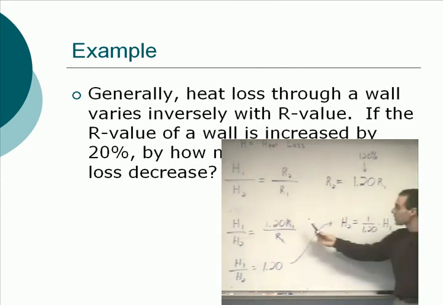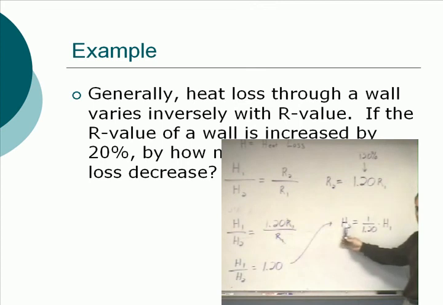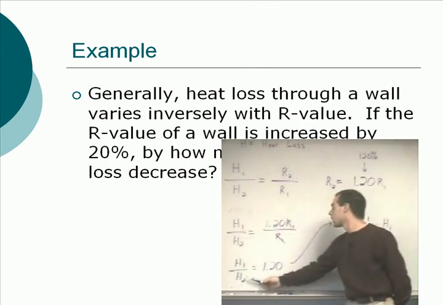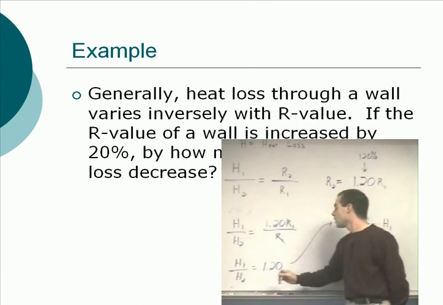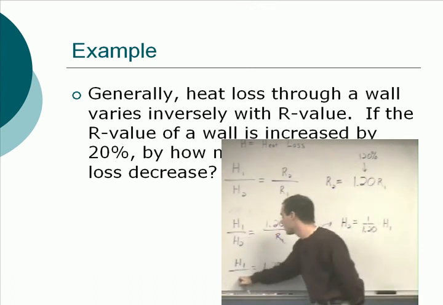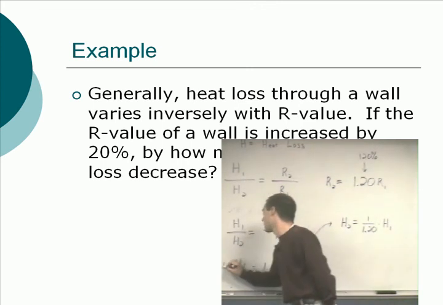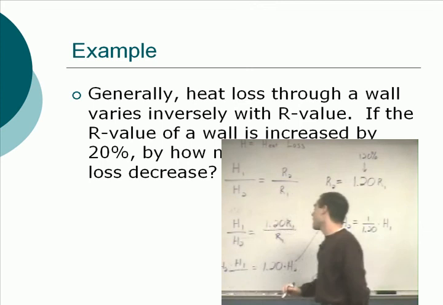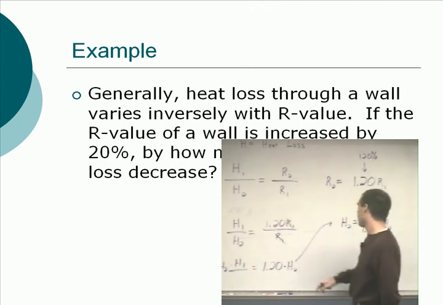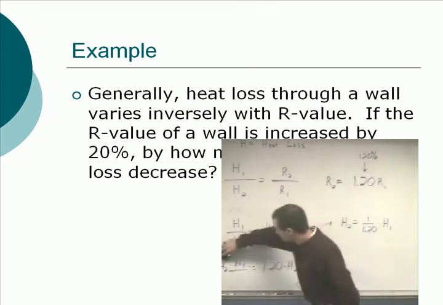All I really want to do is I want to know what the new heat loss is. That's what the question was. I want to find the new heat loss, so I'm looking for H2. I've got H1 over H2 equals 1.20. Multiply both sides by H2. Whoops, these canceled off, sorry.